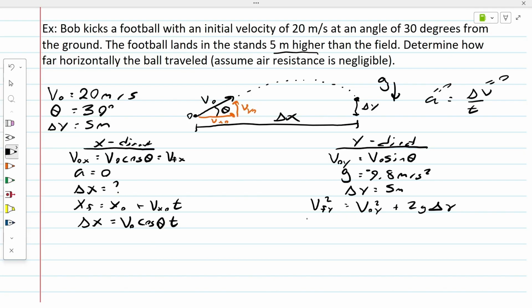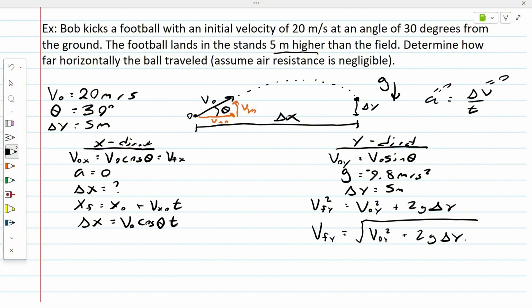So we can say that the velocity final y is equal to the square root of v naught y squared plus 2g delta y. And this is what we get for our velocity final. We could plug in numbers here and get a value.